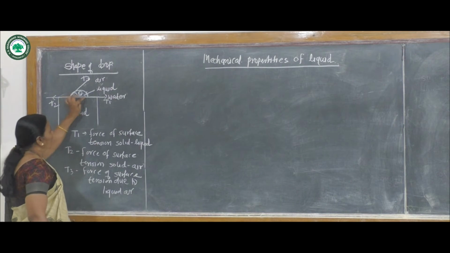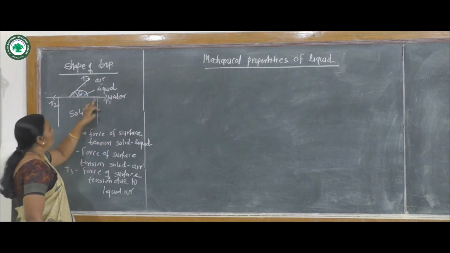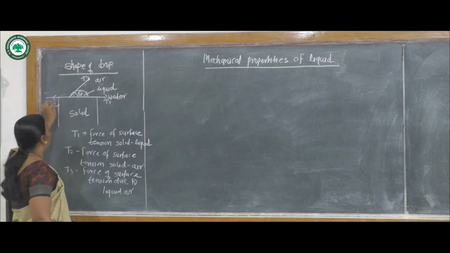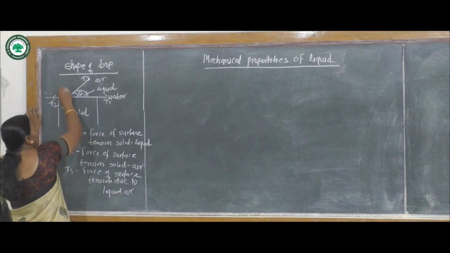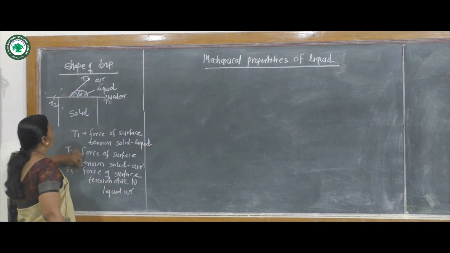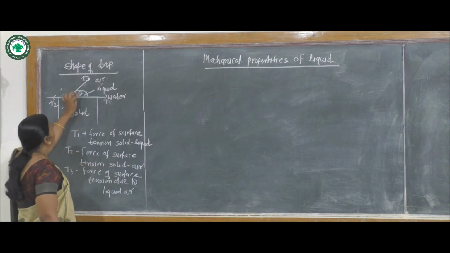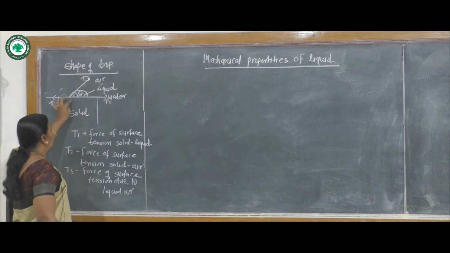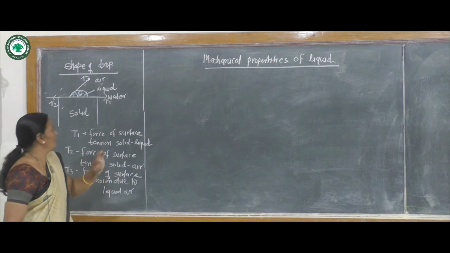Now see, suppose T1 is the force of surface tension between the solid and liquid interface. Now T2 is the force of surface tension between the solid and air interface. Now T3 is the force of surface tension due to the liquid and air interface. Now what happens? From this we can find the angle of contact, theta.